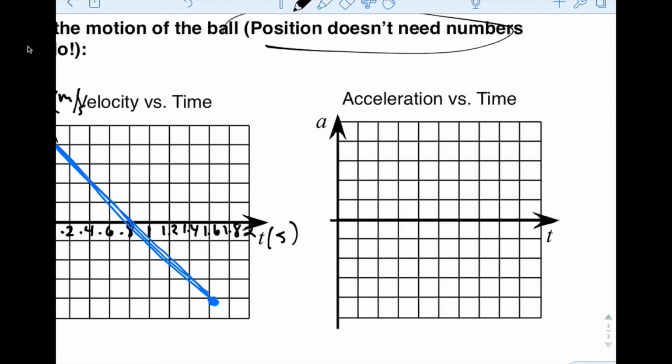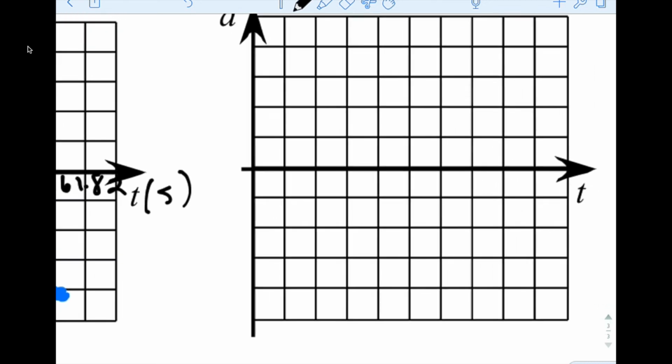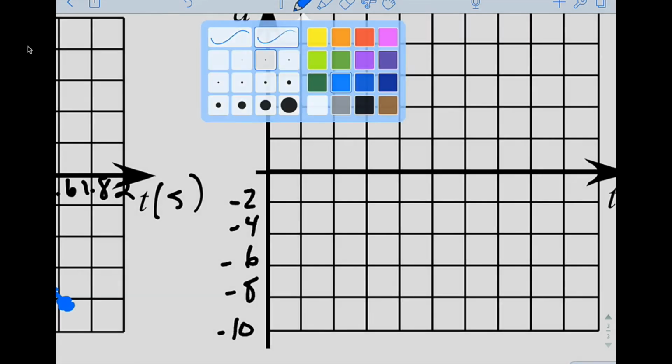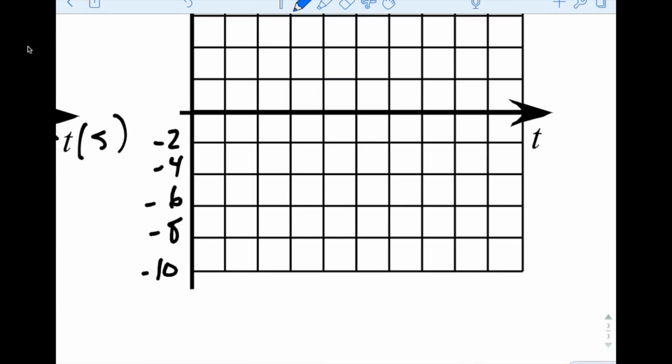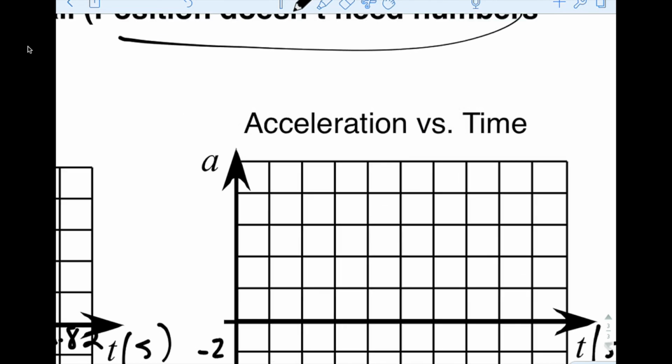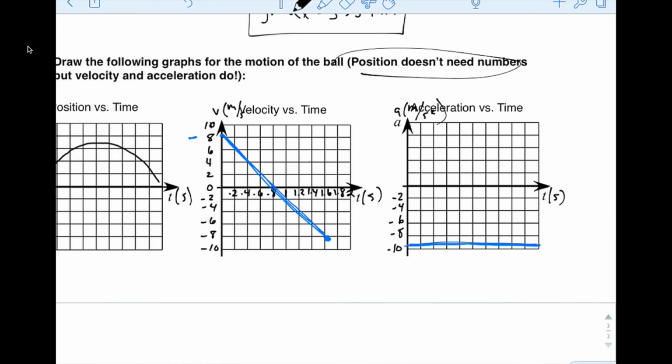All you do for acceleration is you go -2, -4, -6, -8, -10, and right at -9.8, you put a flat line, because acceleration is always constant and it's always -9.8. Let's not forget seconds and meters per second squared, and we're all set to go. There we go, guys. That's the key.